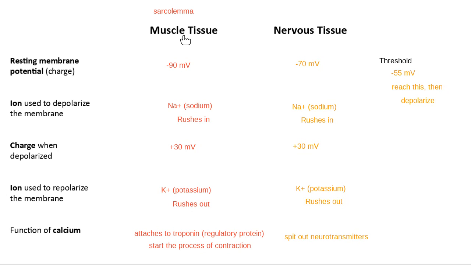So there's no threshold for muscle tissue. Sometimes with muscle tissue, we call it all or nothing. Either you're getting a message and you are responding to it, or you're not getting a message and you're staying relaxed. So no threshold value for muscle tissue. That's just something we see with nervous tissue. Good clarifying question.